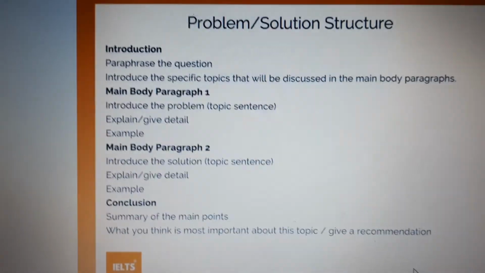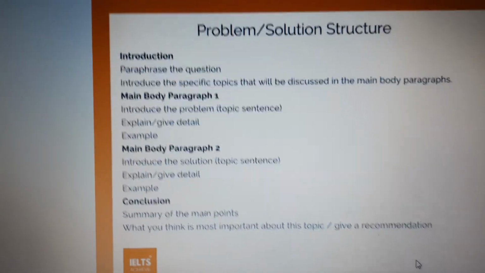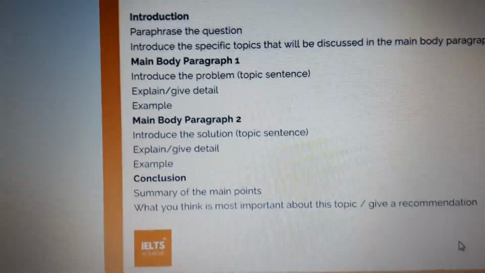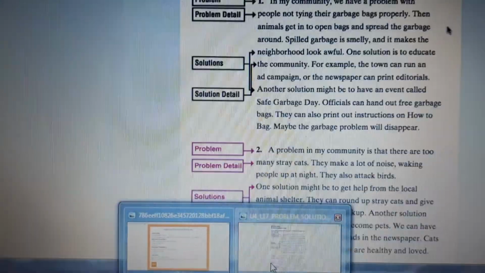Okay, for example, I'm going to give you a question and you just follow the structure. Okay, but we have another structure.